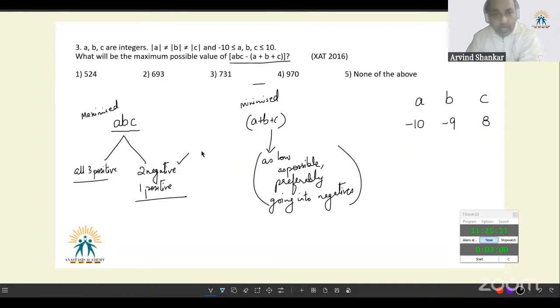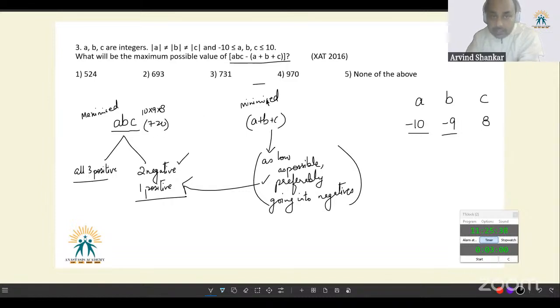Most of us would have arrived at these numbers by perhaps trying to fit in numbers and checking all possible cases. But the way you arrive at those numbers is looking at these two possibilities, and then this information tells us between the two possibilities, this one is the one that works for us. And then we get maximized product of ABC would be 10 into 9 into 8, which gets us to 720.